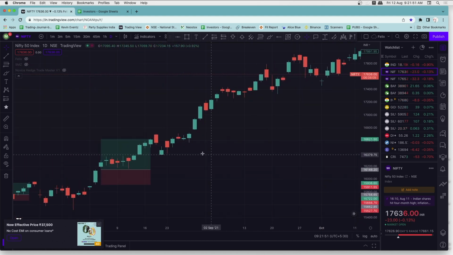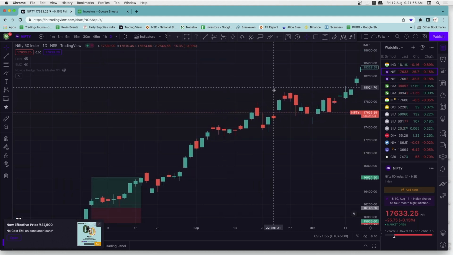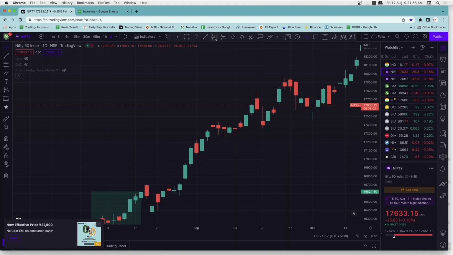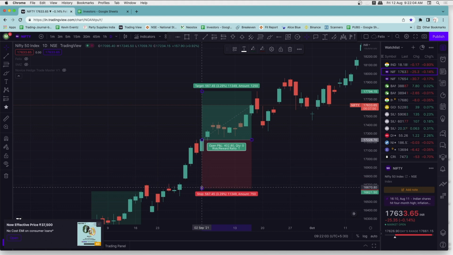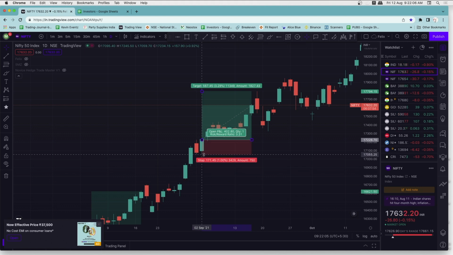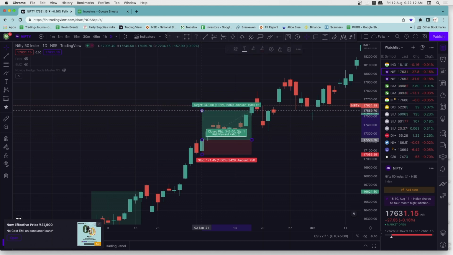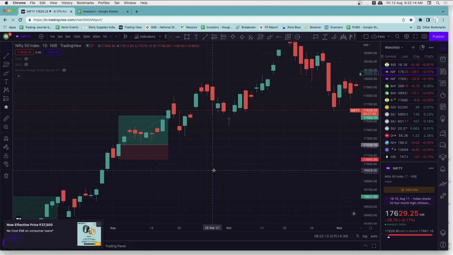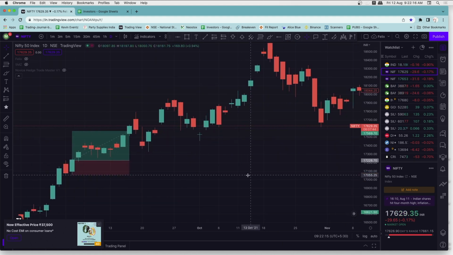So on September 1st, it has been a long trade on the second day itself. September month, so this is our entry level, and this should be our stop loss, and 1:2 will be somewhere here with 340 points. The trade was going good, and I'm showing you the real executions.